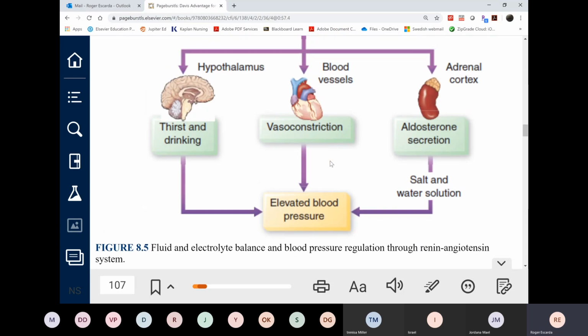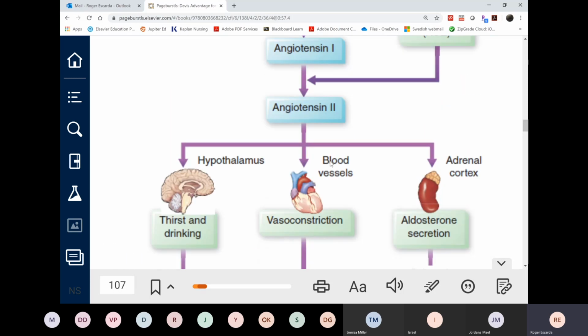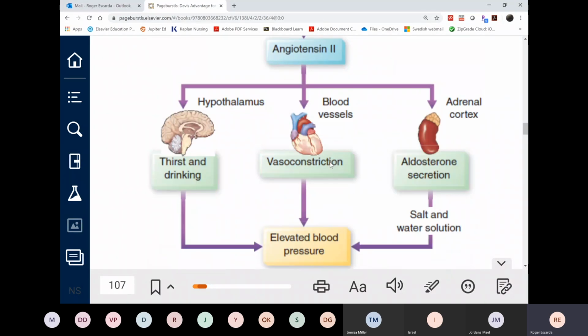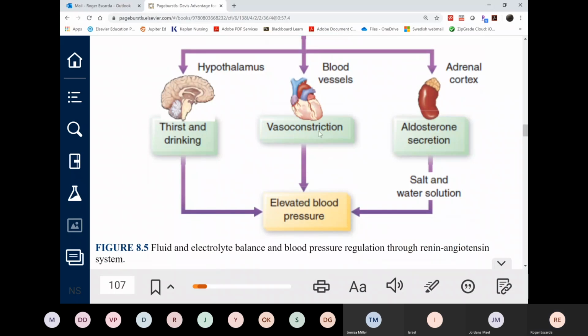It will be a disaster though when we go to heart failure, because all these mechanisms which increase vascular resistance and the increase in blood volume are not really helpful in a patient with heart failure.